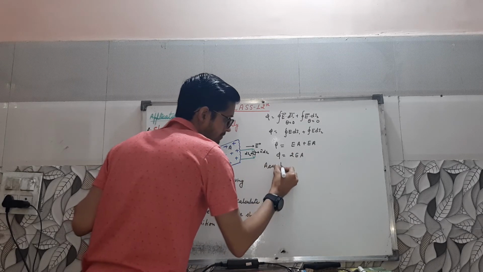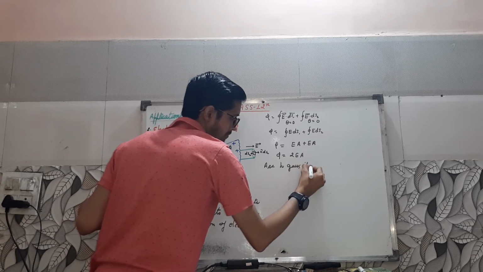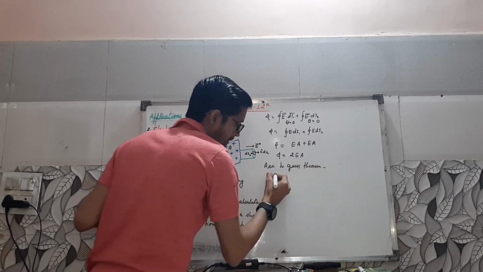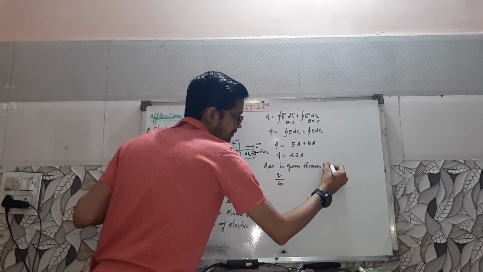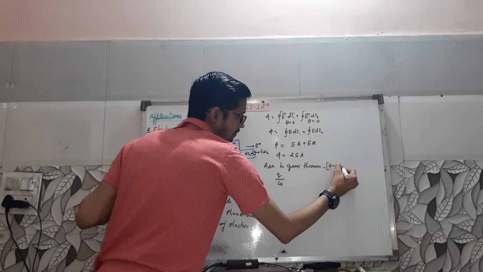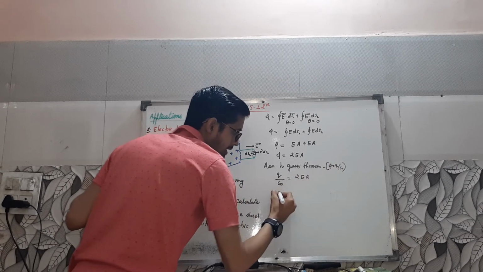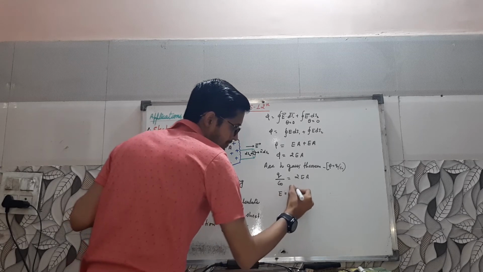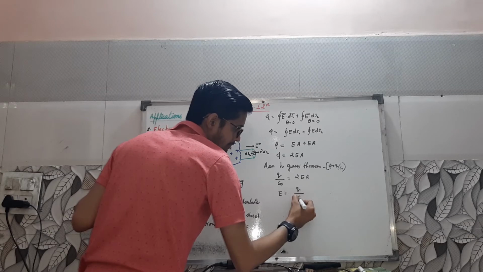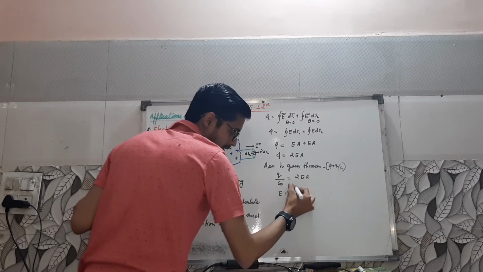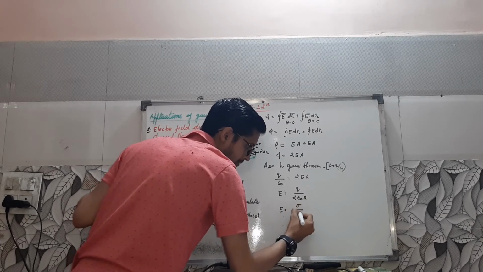According to Gauss theorem, Q upon epsilon naught will be equal to twice of E into A. So E will be equal to Q upon 2 epsilon naught A. This is charge per unit area, so it is nothing but surface charge density sigma.